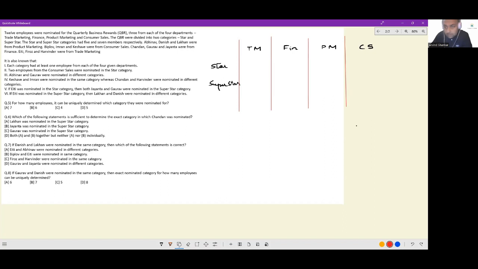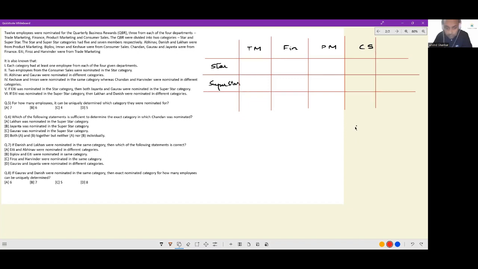The wonderful thing is, we know in star there were five members and 7 members in superstar, and for each of these groups we know 3 members each. Why I'm writing 3 at the top corner is because I also know the names of the people. So I'm going ahead and filling up the names.